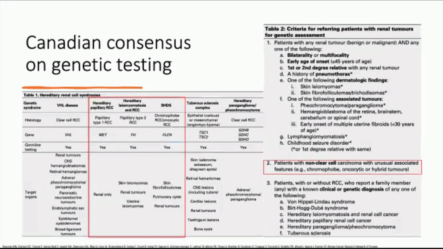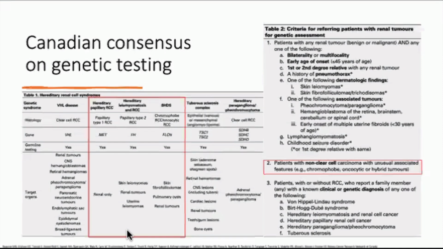So briefly here, the CUA has shared a Canadian consensus on genetic testing for patients with renal tumors. And in cases where tumors have molecular alterations involving the MET, the FH, or the fumarate hydratase, or the FLCN genes, we should be thinking about the associated genetic syndromes, which are highlighted in the first box here.